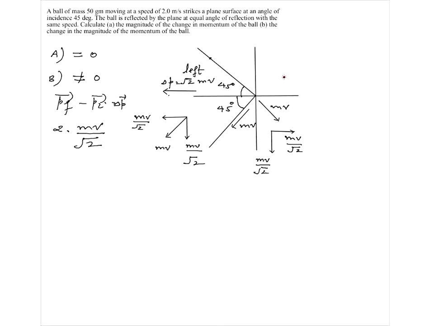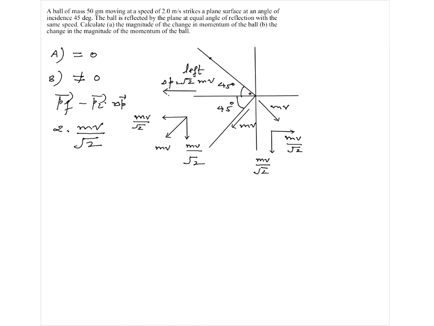So that's why you are giving negative answer. If I say on the left side it is root 2 mv, then I should not be saying on the left side it is minus 0.14. The answer should be left side just 0.14 or right side minus 0.14.